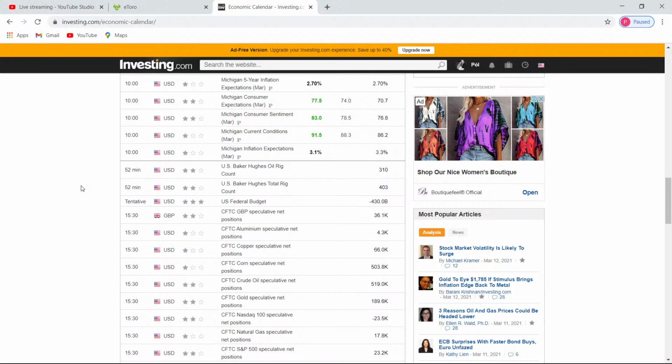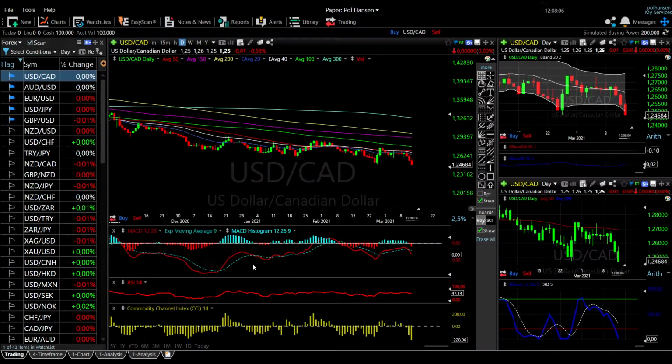That is what is expected. An increase in the rig count also means bearishness for the price of oil, because the more rigs you have, the more the supply will increase, and therefore the price of oil will decrease. So supply and demand, depending on how much we drill for oil, has a major effect. That is some of the major news. Otherwise, yes, let's go and look at the cloud.